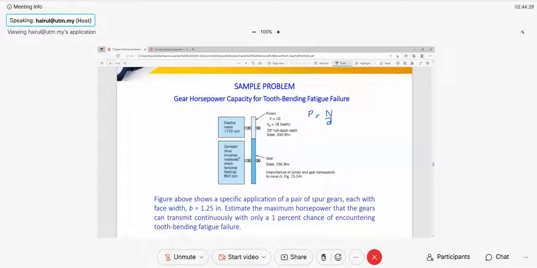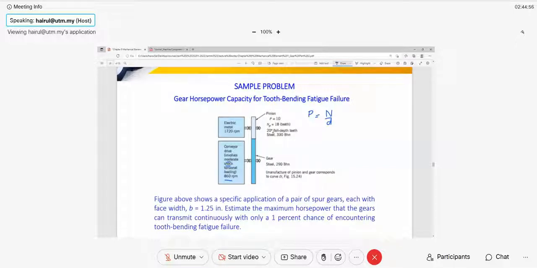A roller will be mounted on the shaft, so this is your driven shaft, and it drives the conveyor. So it involves moderate shock, torsional loading, and the RPM of shaft B is 860.